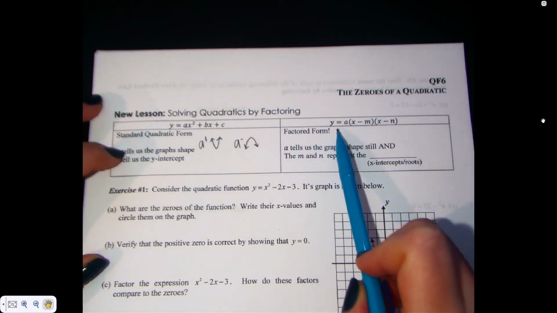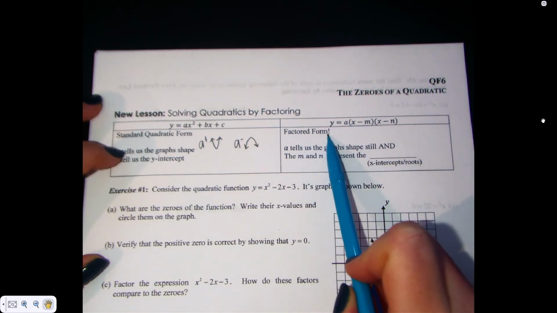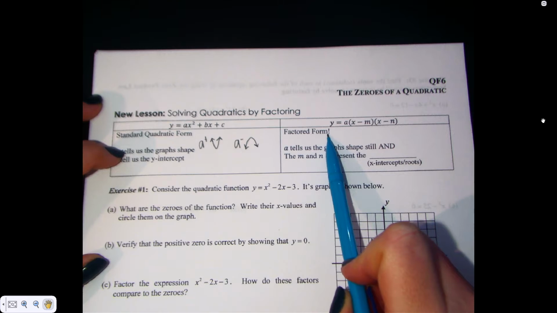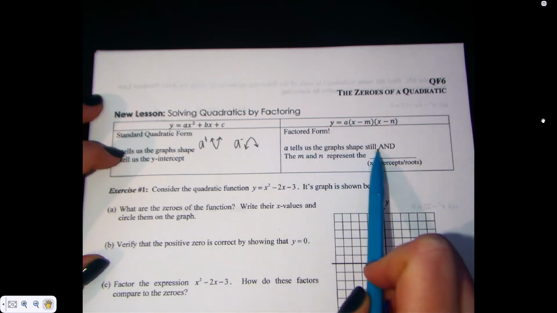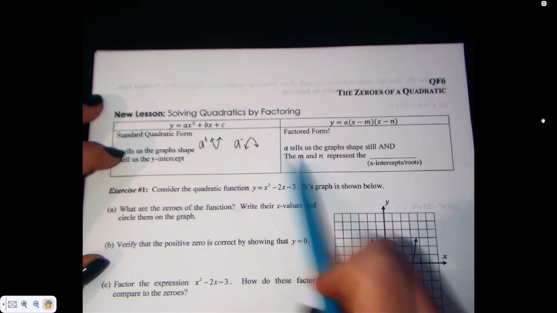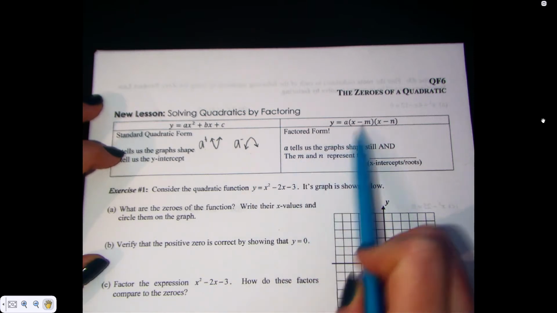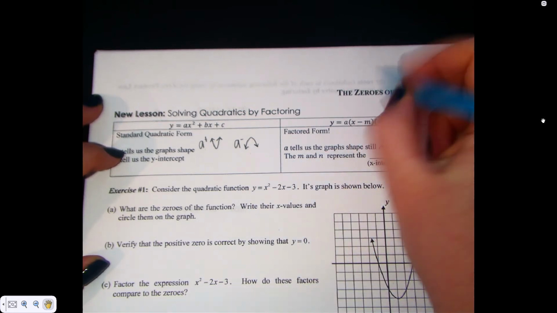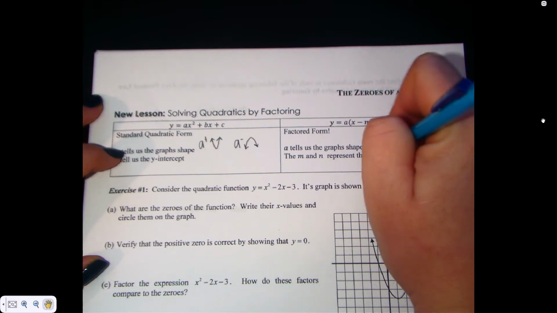All right, now factored form. We have done a lot of factoring already. We did it when we first learned factoring, and we did it when we completed the square. A still tells us the graph shape, so it's still concave up if it's positive, concave down if it's negative. But what we're going to see here is that M and N represent the zeros.